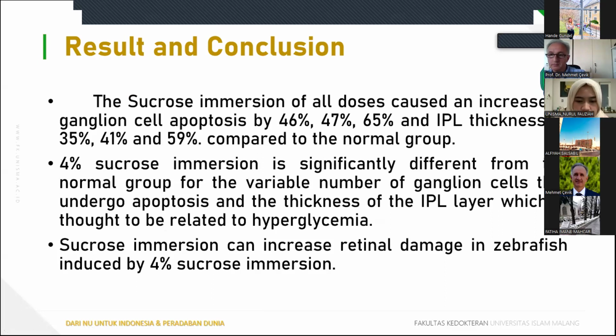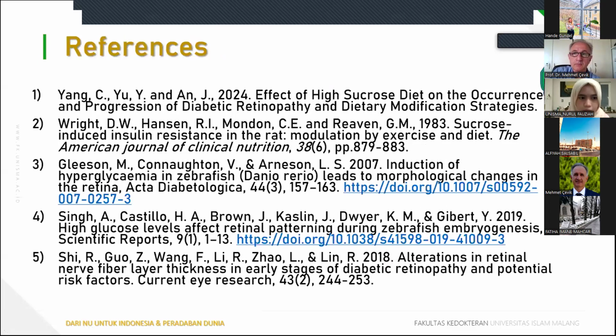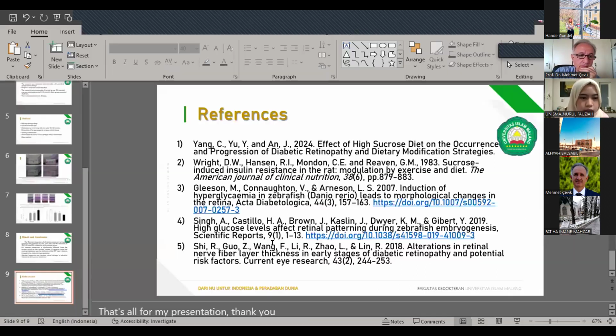Sucrose immersion can increase retinal damage in zebrafish, induced by 4% sucrose immersion. That's all my presentation. Thank you for your attention.